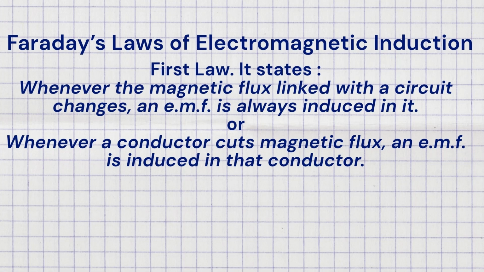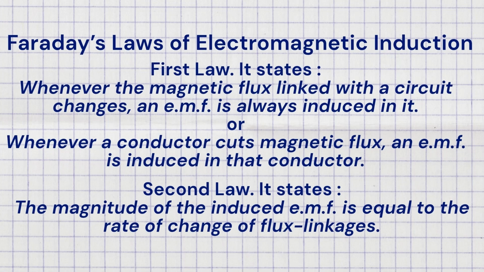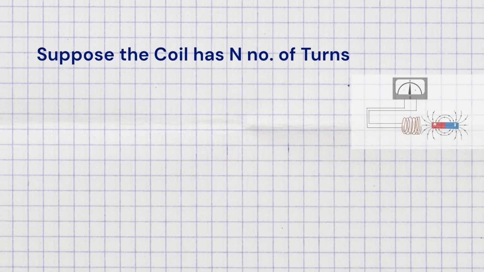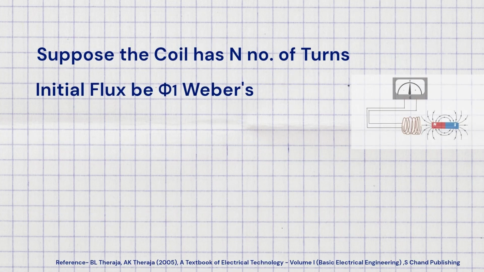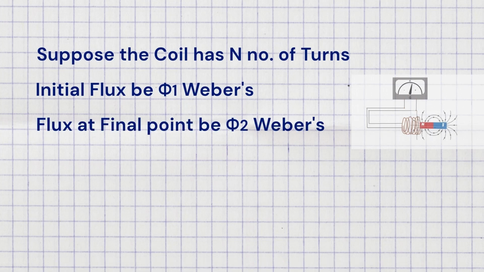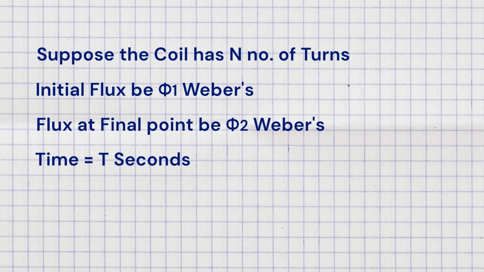The second law states that the magnitude of the induced EMF is equal to the rate of change of flux linkages. To explain it, let us suppose the coil has n number of turns, and let the flux initially be phi1 and the flux at the final point be phi2 in time t seconds.